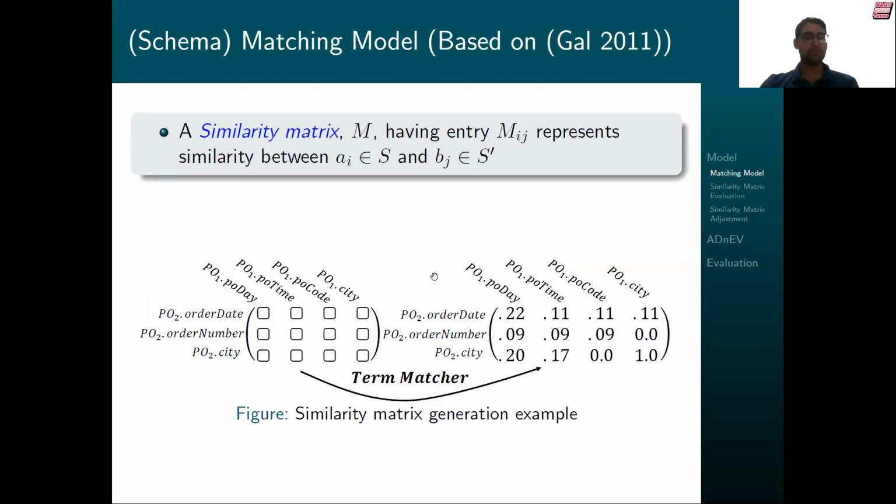In our example, this is how an attribute name matcher called term would complete a similarity matrix. For example, the similarity level between the two city attributes is 1, while the similarity level between order date and PO time is only 0.11.